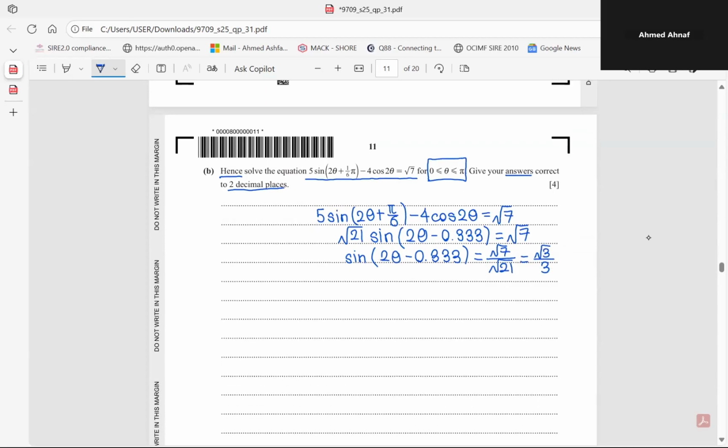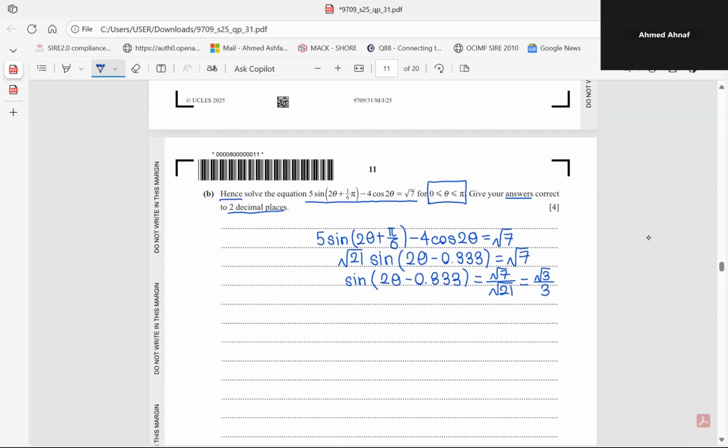Since inside our bracket is 2θ − 0.33, we're going to have to change the domain.